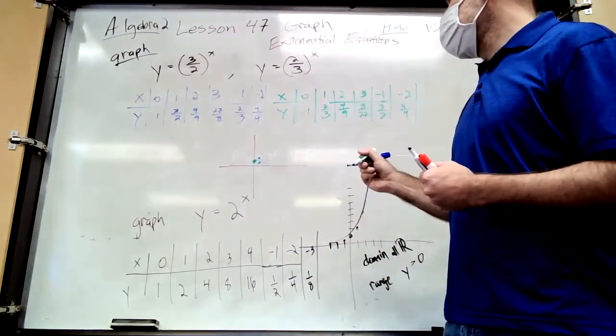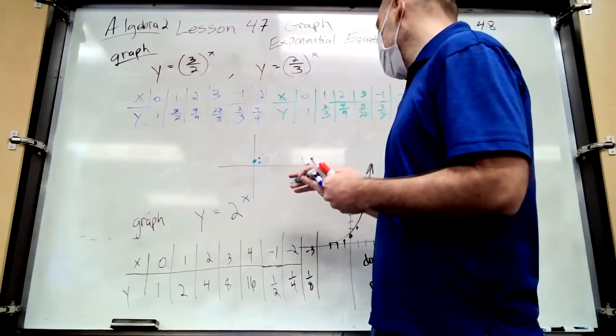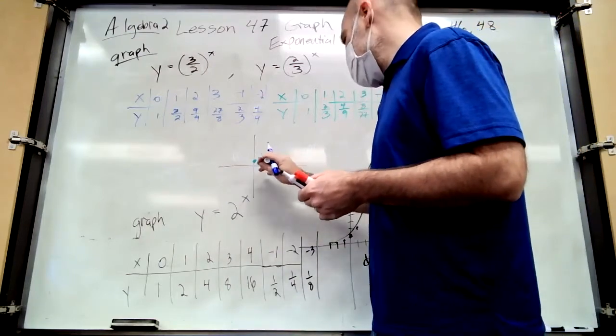And then 2 over here is going to give me 4/9, so a little bit less than half.